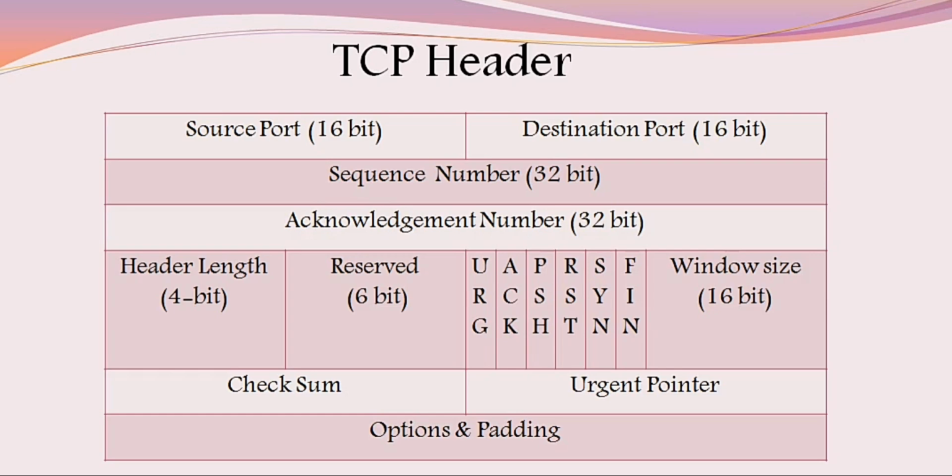Now let us consider the other number, that is 0101. What is the decimal number of 0101? It is 5. Now what is the size of the header length? Then it is 5 times 4 bytes, which is equal to 20 bytes. Since the TCP header size is 20 bytes, this 0101 number will be valid, which means the valid 4-bit numbers start from 0101 as the header size is 20 bytes.